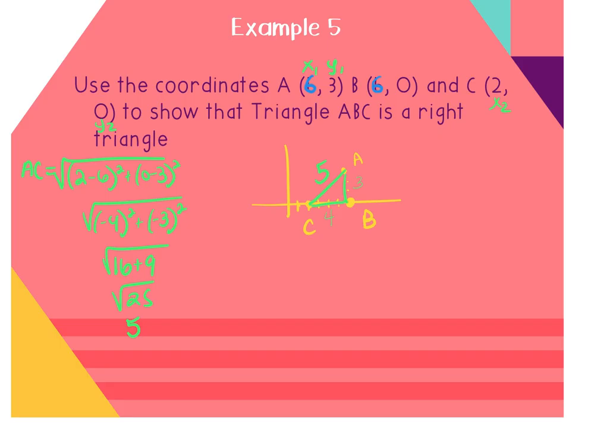Now to show that it is, that word show means prove it with work. I'm going to show that a squared plus b squared equals c squared. A and c don't matter, so I'm just going to go 3 squared, plus 4 squared equals 5 squared. So 9 plus 16 should equal 25, and 25 does equal 25.